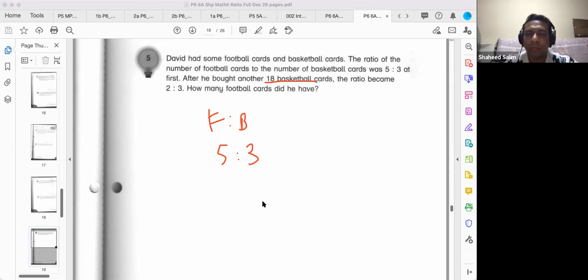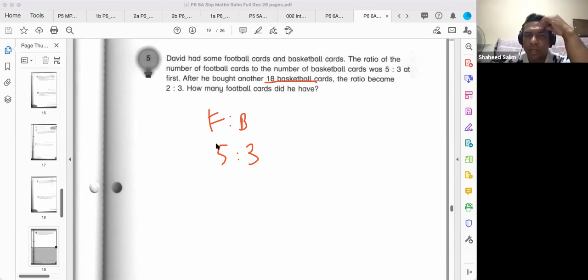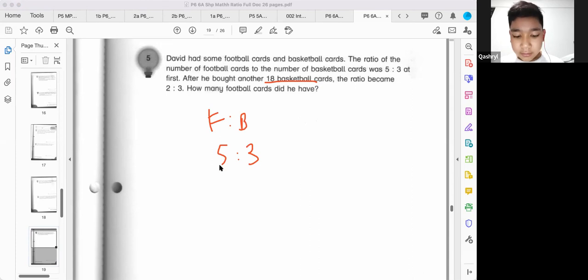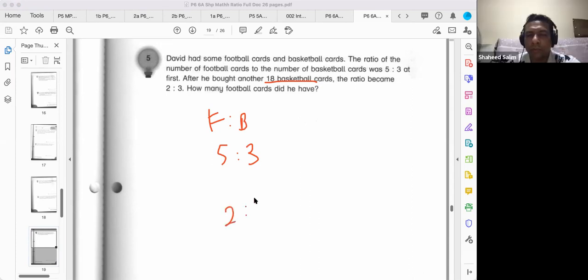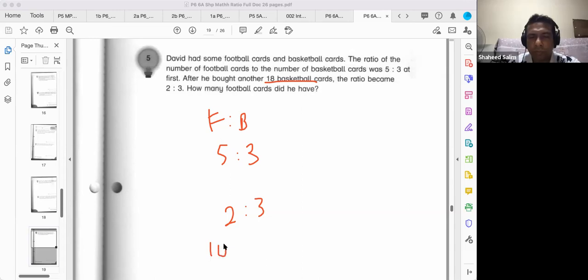Then the ratio becomes 2 to 3. Ask yourself, what did not change? Football cards did not change, right? So now let us change this to 2 to 3. So can we make this as 10? That's 15.